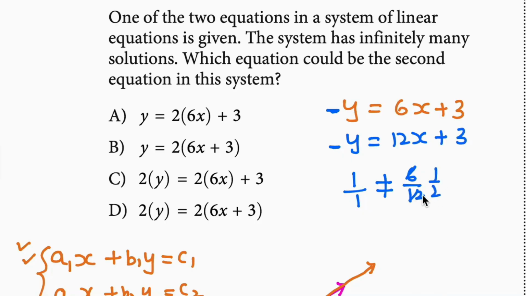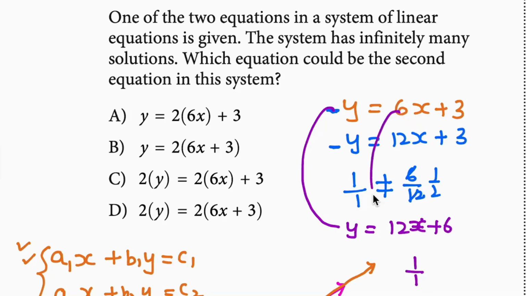So A is not the right answer. Now let's check B. B is y is equal to 12x plus 6. Compare this and this. 1 over 1 is not equal to 6 over 12. Right? This is 1 by 2. So that is also not the right option.